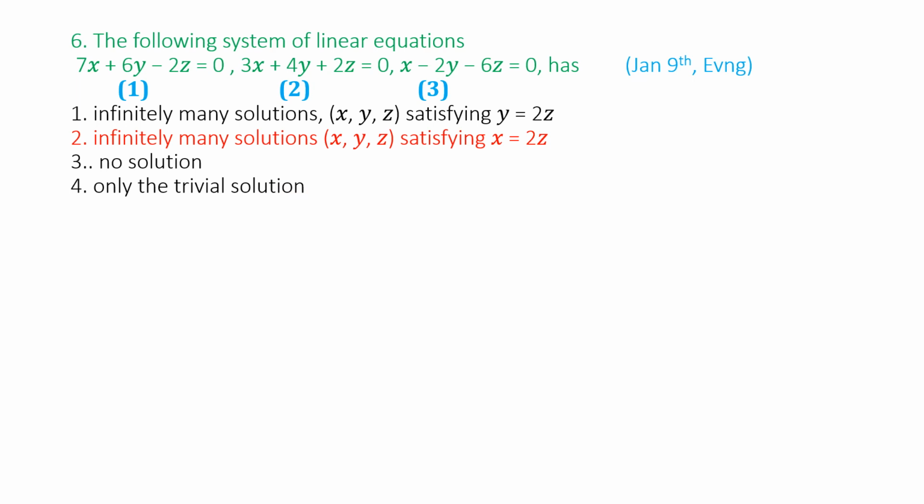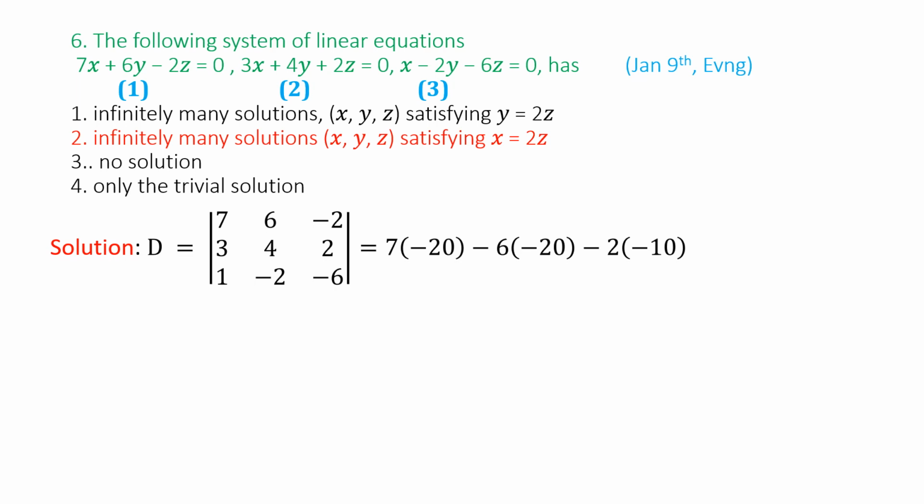Now the solution is: first of all we calculate the determinant of the coefficient matrix. The coefficients of x, y, z are 7, 6, minus 2 in the first one, 3, 4, 2 in the second one, 1, minus 2, minus 6 in the third one, which will be written in the matrix.